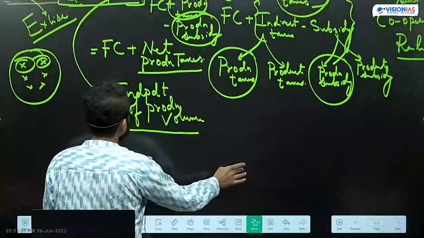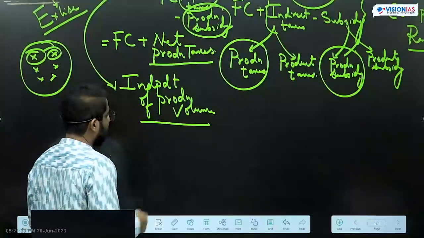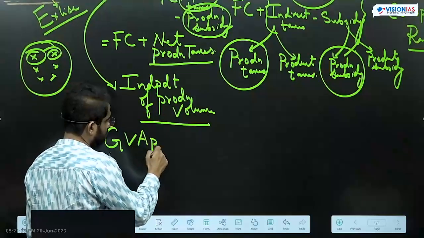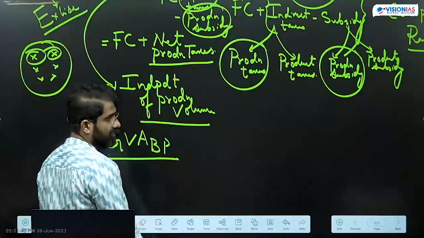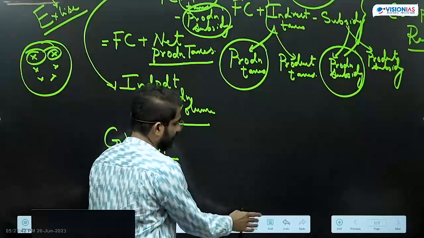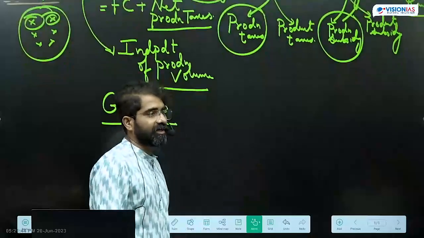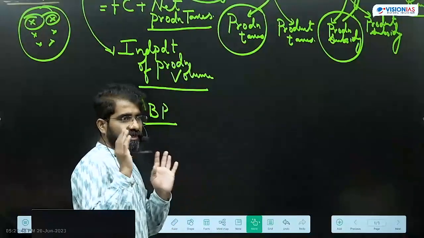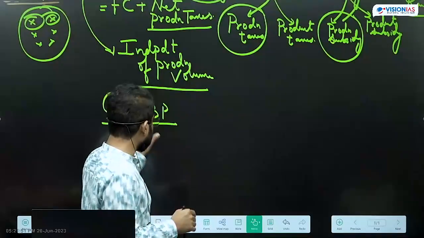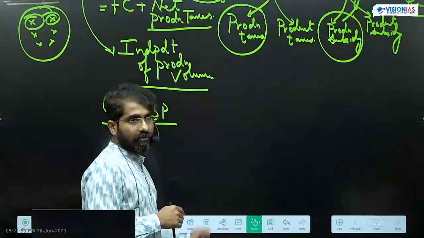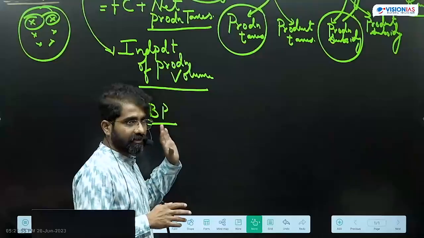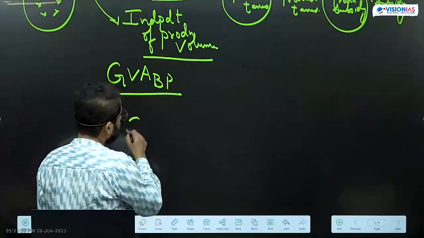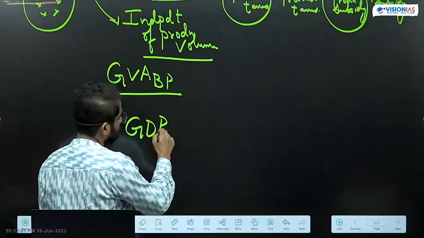Then what they do is they calculate GVA at basic prices for all the sectors. That means they calculate it for primary, secondary and tertiary. You are collecting sector specific basic price data for all the sectors, and then you will try to arrive at GDP at market prices.